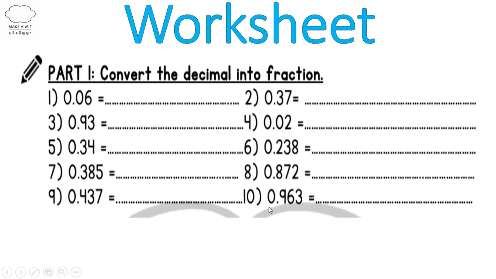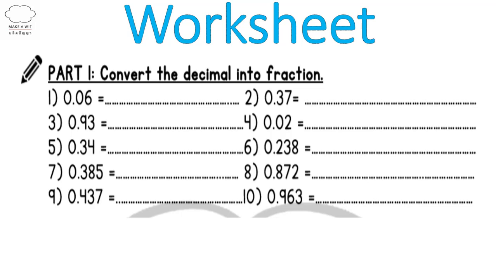There are 10 items, equal to 10 points. Look at number 1, 0.06 equals blah blah blah. Too easy, right?